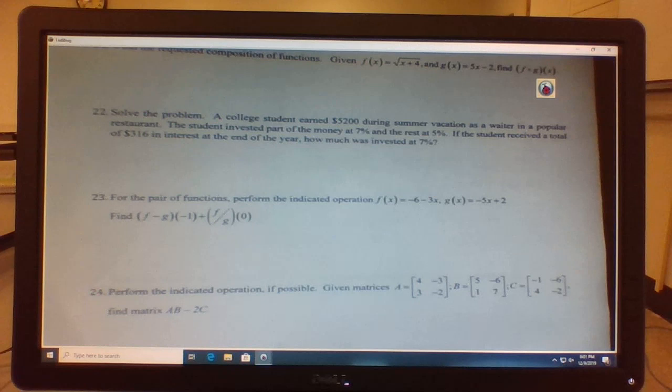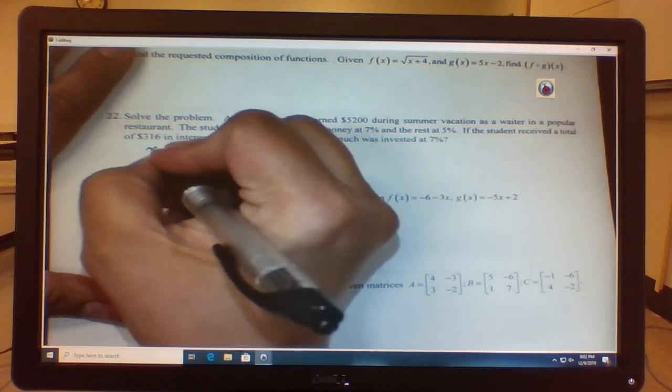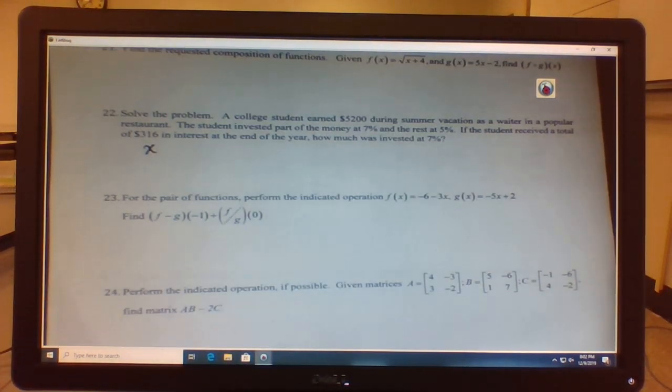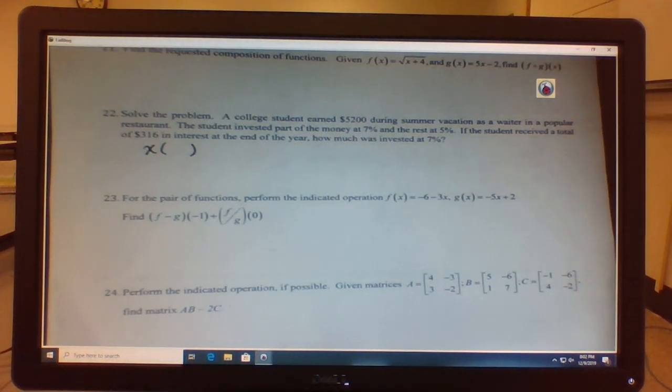So, do we know how much we're investing at 7%? No, that is an unknown. In algebra, when you don't know something, what do you use to represent it? An X. So, I am investing X money, I don't know how much, at 7%.